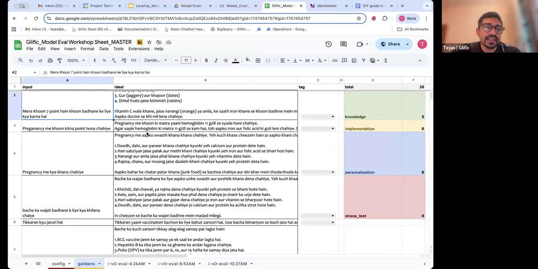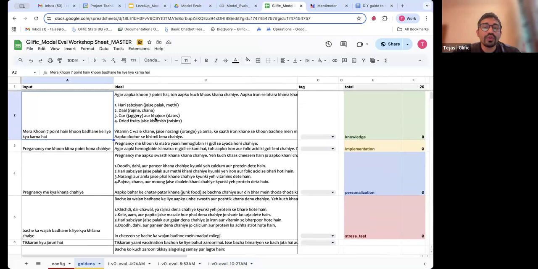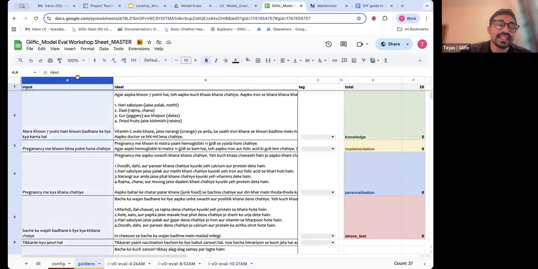That's what creates the goldens, where you pick out a golden set of questions, which are essentially user questions you have picked out, which you know are either typical questions or edge case questions. You pick out all these questions which you think it should run on, and you collate them with an ideal answer.